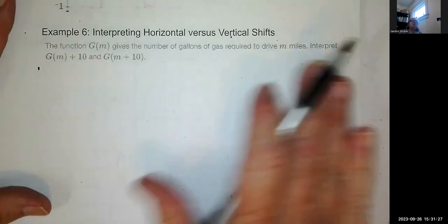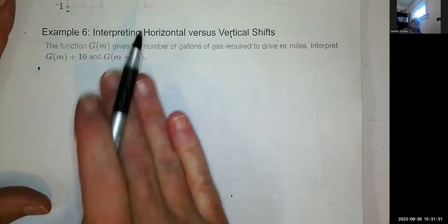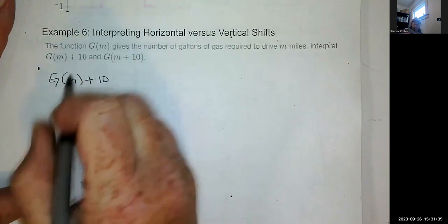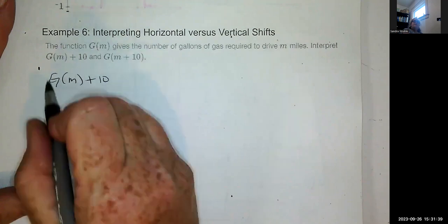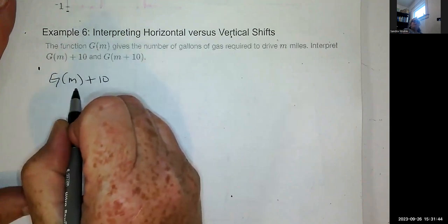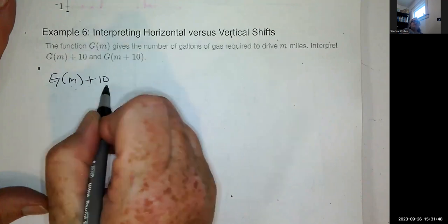And you're going to need to interpret the difference between g of m plus 10 and g of m plus 10. So g of m plus 10, this is a vertical shift, okay? Whatever this function g is, so it's the number of gallons of gasoline required to drive m miles, the number of gallons is increasing by 10.